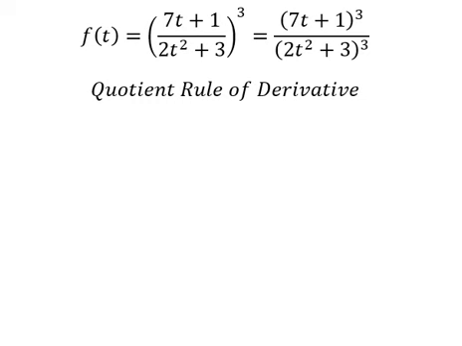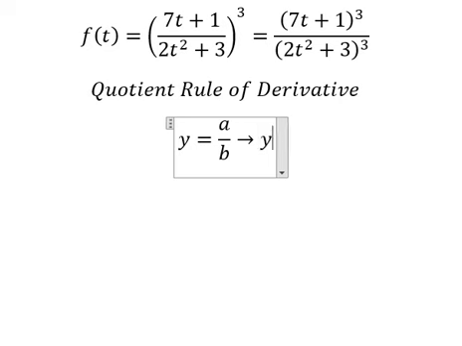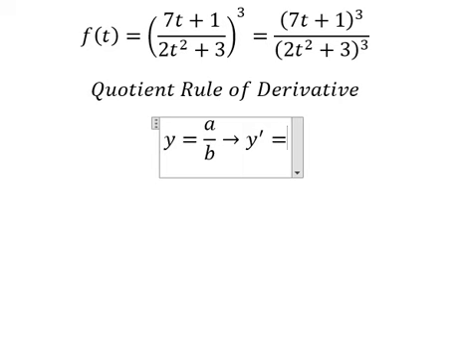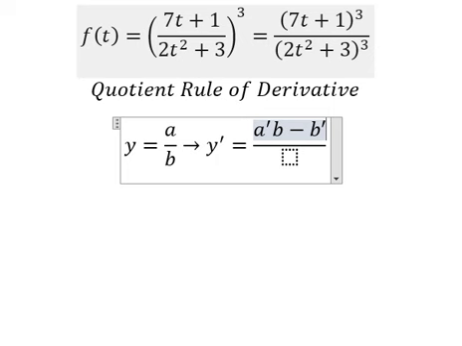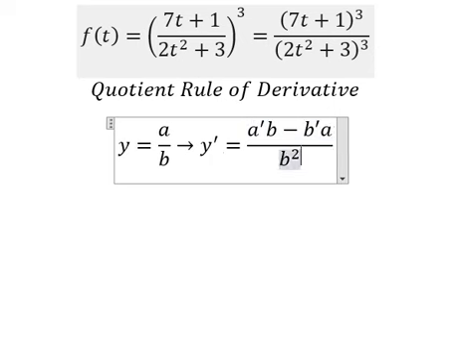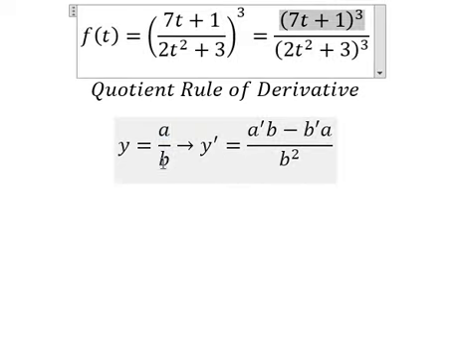So we have y equals 8 over b. So if we do first the derivative of this one, we have like this. So a is about this one, b is about this one.